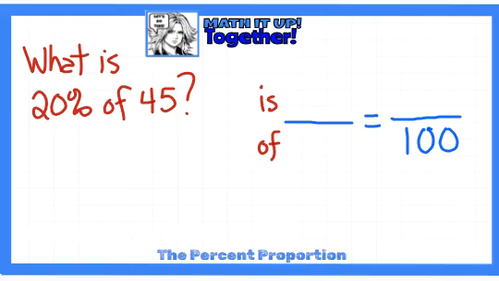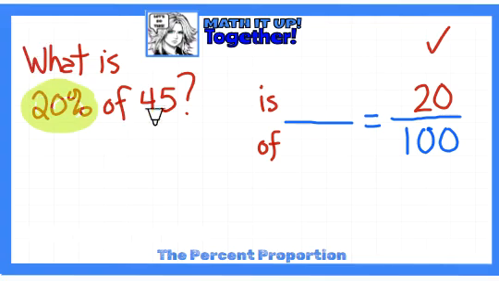The easiest part by far is identifying whether or not we have a percent number, and we do. So that 20% turns into a 20 here because 20 out of 100 is 20%. So that's check. We've got our percent number.